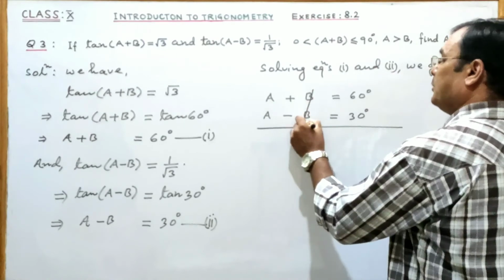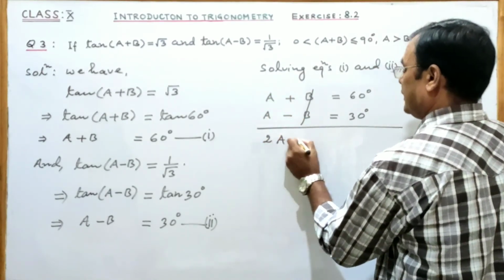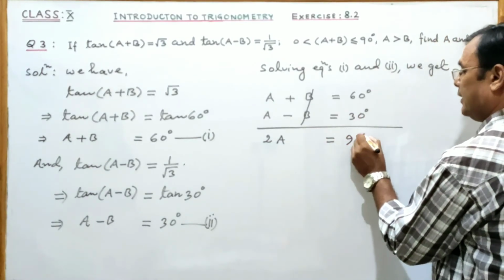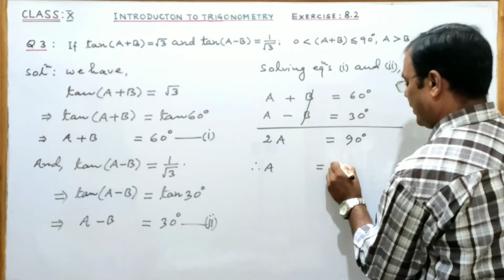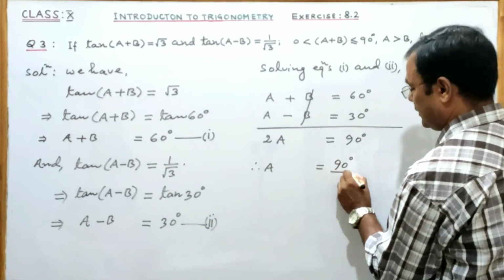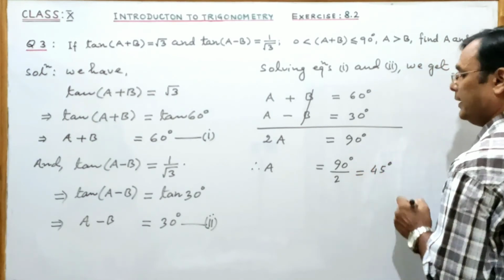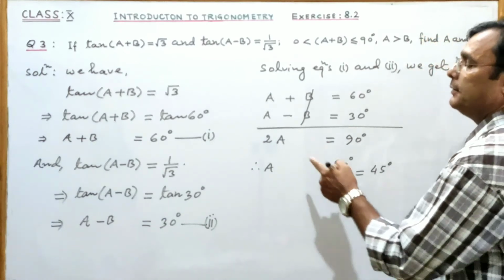So plus B minus B cancelled, A plus A, 2A equal to 60 degrees plus 30 degrees, 90 degrees. So therefore A equal to 90 degrees divided by 2 is equal to 45 degrees. So angle A is equal to 45 degrees.